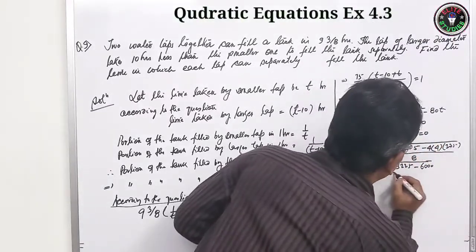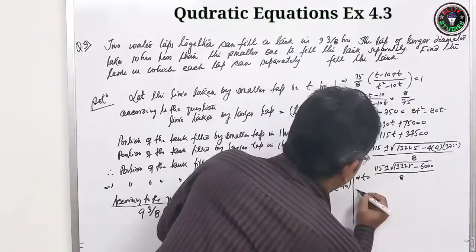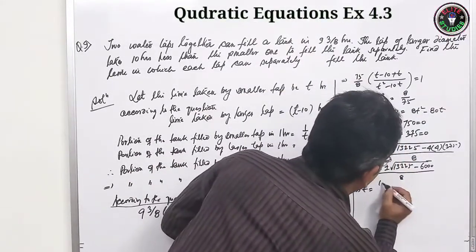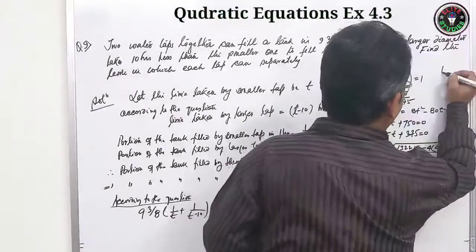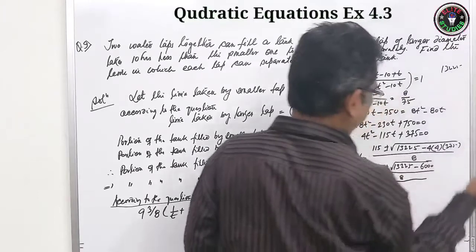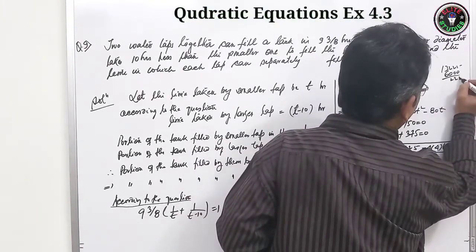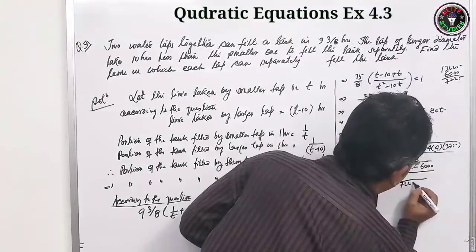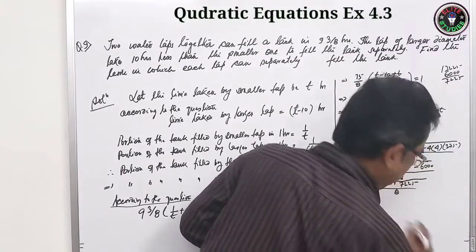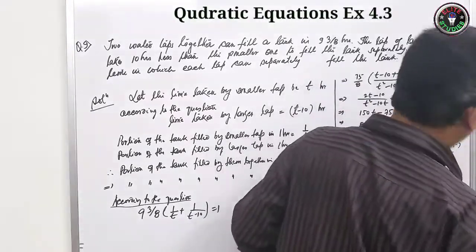By 8. So it will be equal to what? T is equal to 115 plus minus root over 13225 minus 6000, so it is 7225, by 8. So let us take the square root of 7225.